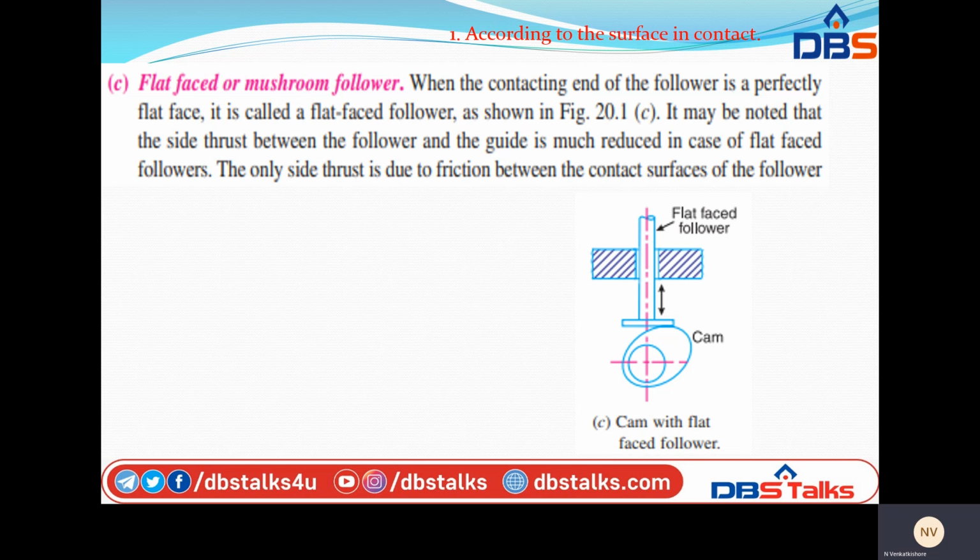When the contacting end of the follower is a perfectly flat face, it is called a flat faced follower. On this side, the thrust is reduced. To reduce the wear, they offset the axis of the follower.